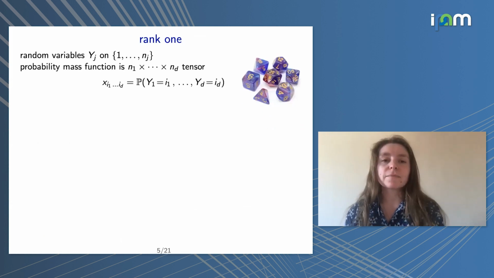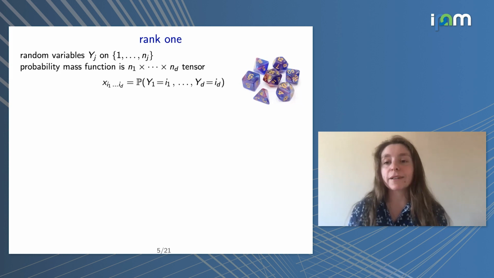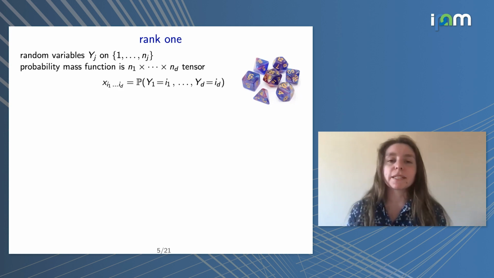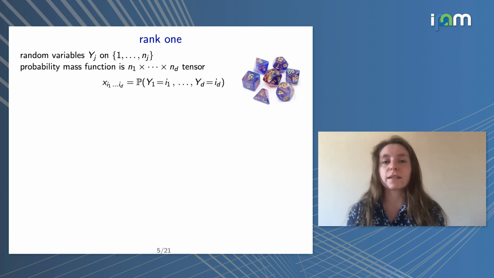And the first example of this is to look at rank 1 structure. So we have our random variables, y_j, and we have their probability mass function, which we saw on the previous slide, gives this tensor.